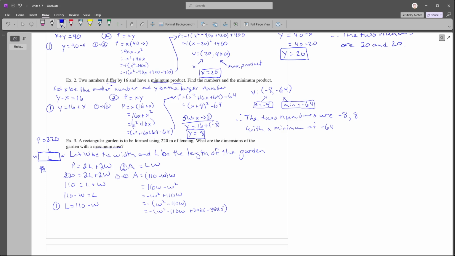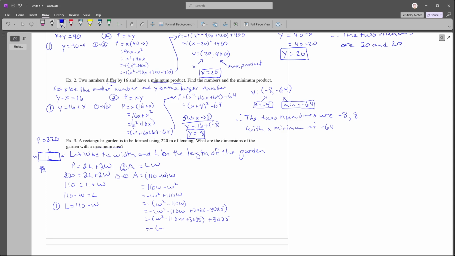Okay, we got to get that minus 3025 to the outside. So that means we're going to have to multiply it by the minus 1. So this is equal to negative, W squared minus 110W plus 3025. And on the outside, we also have plus 3025 because the negatives cancel each other out. And now we got a perfect square trinomial.